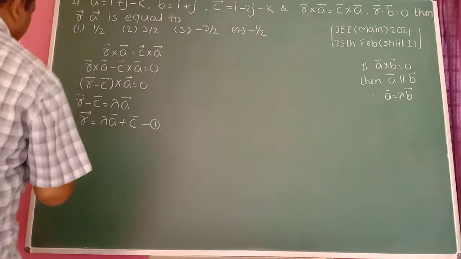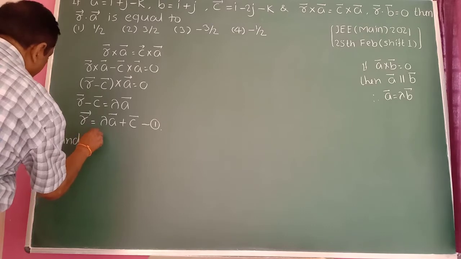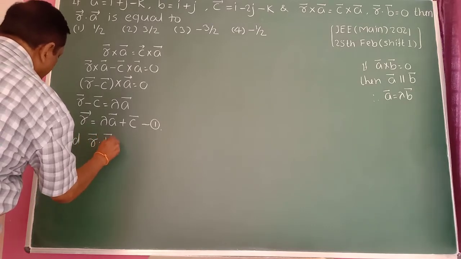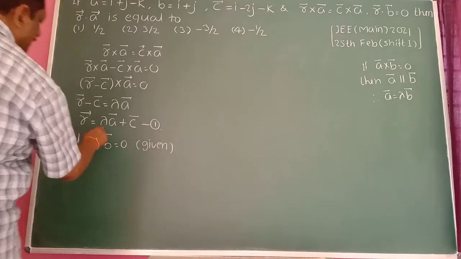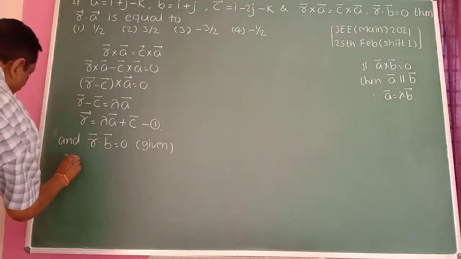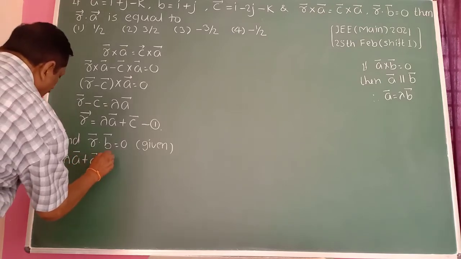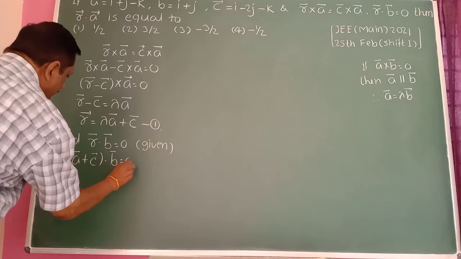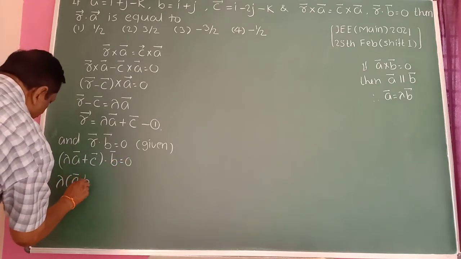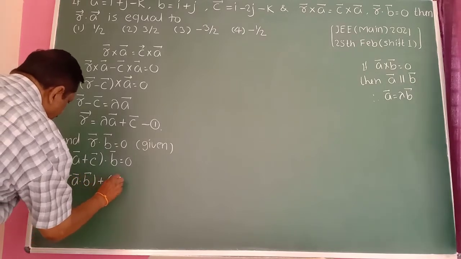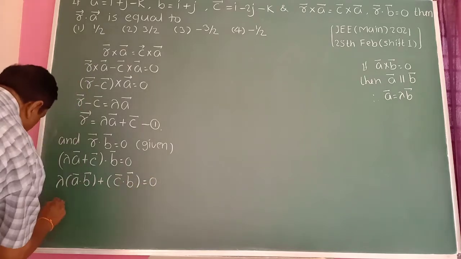And also they given here, r bar dot b bar is equal to 0 here. But r bar is this here. So lambda into a bar plus c bar dot b bar is equal to 0. Yes, lambda into a bar dot b bar plus c bar dot b bar is equal to 0.